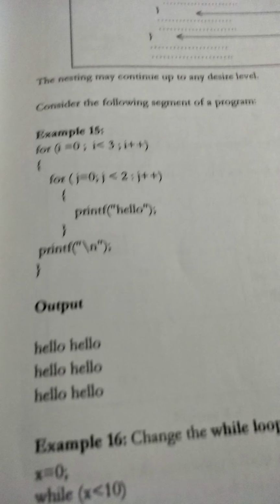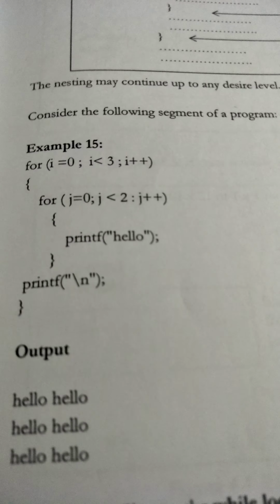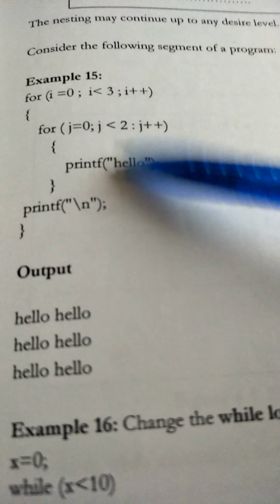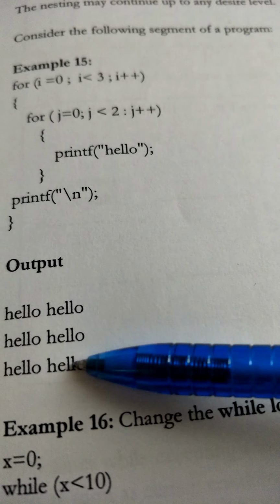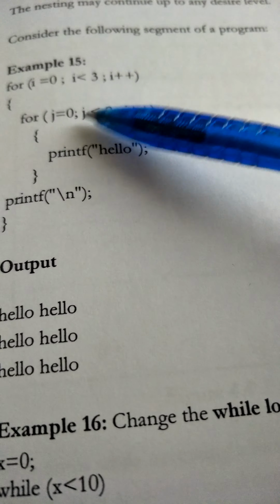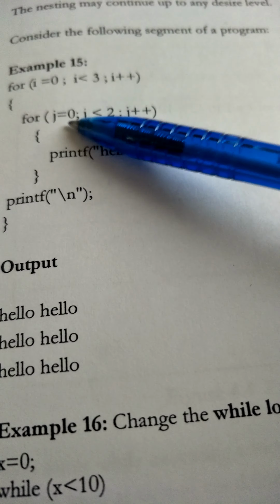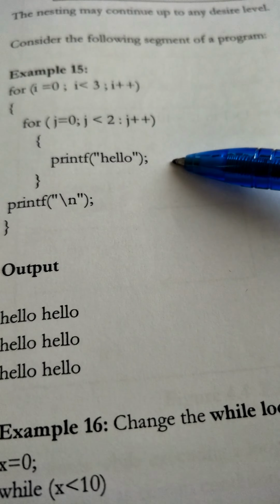Now this is the example. So you can see the difference from the previous case, where we just used 1 loop and had 3 hello. In this case, we have 6 hello but written in 3 lines. Why is that? You can see here, for J, it prints hello for J equal to 0, J equal to 1, so hello, hello.